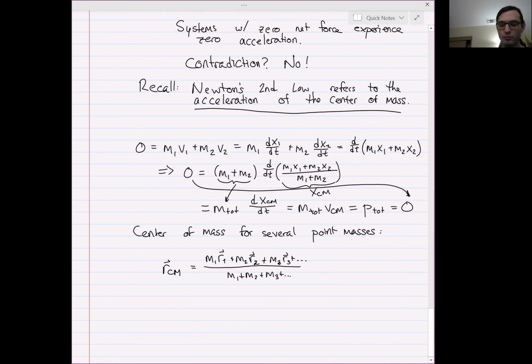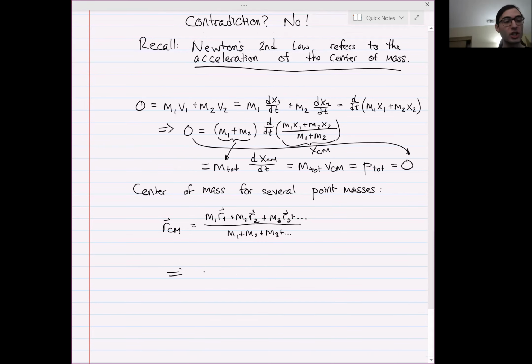And so that implies that we can look at the components of this position vector in each of the three standard directions. So the center of mass position in the x direction is m1 x1 plus m2 x2 plus m3 x3, and so on, divided by the total mass. By the way, r1 is the position of object 1, r2 is the position of object 2, and so on, and m1 and m2 are the corresponding masses of those objects.